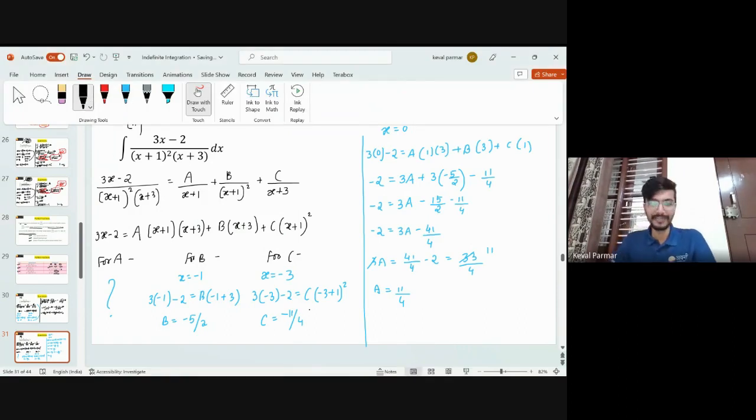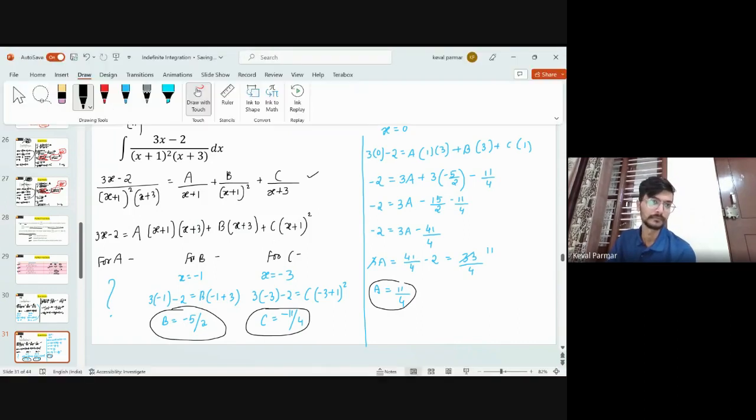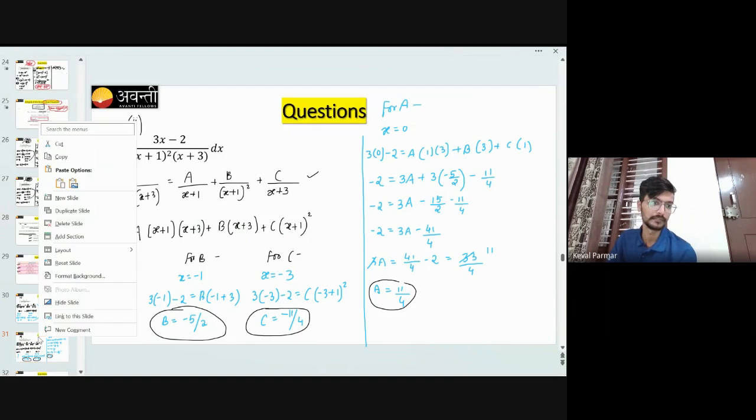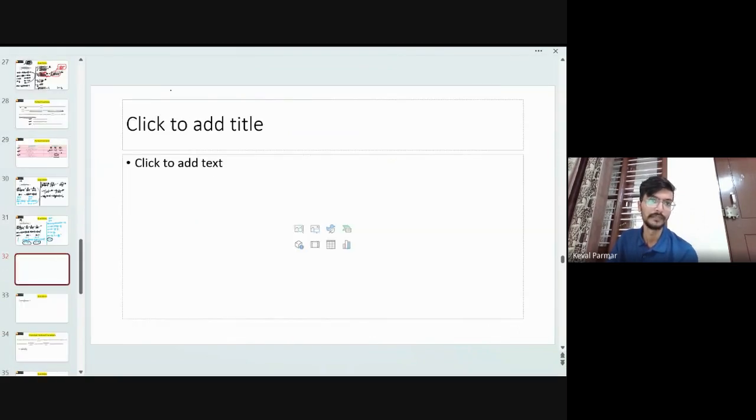So now if I substitute all these values, the value of B, C and A here in this equation, what will I get? Okay, let's use a new slide.